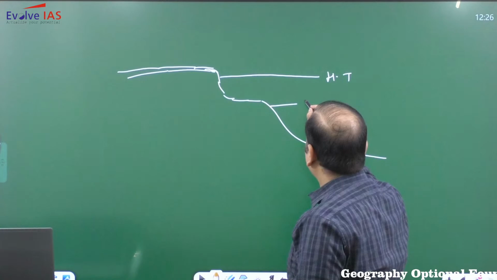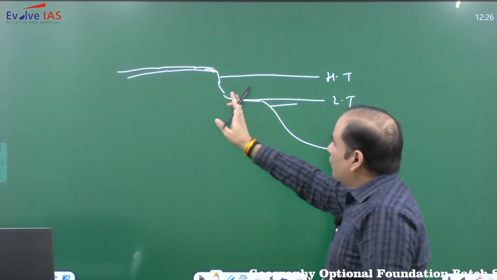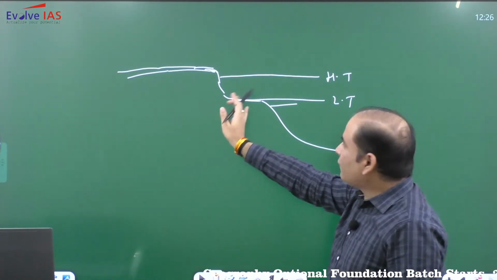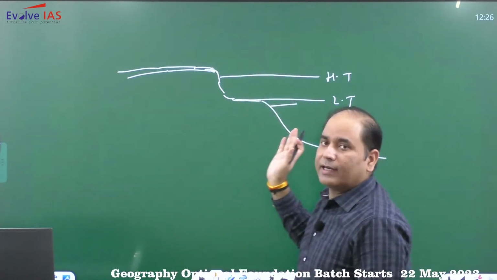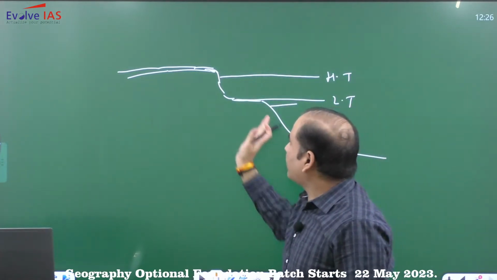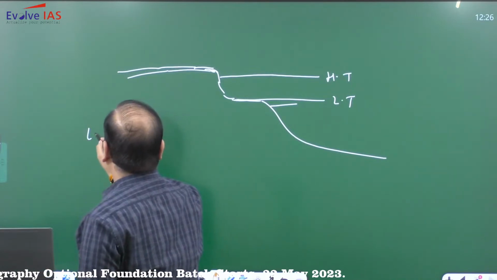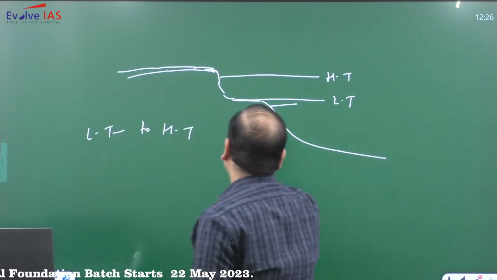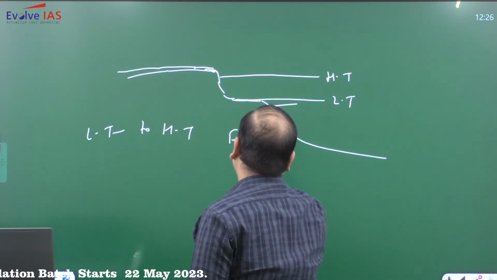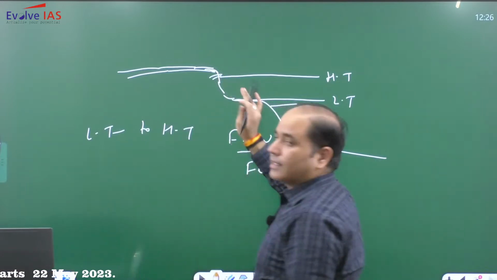Water is falling here, let's say till here, so that is your low tide line. So low tide has come. Now from this low tide, water will start rising, so the water level will start rising. This time period from low tide to high tide is known as flow or flood. Now high tide has occurred.